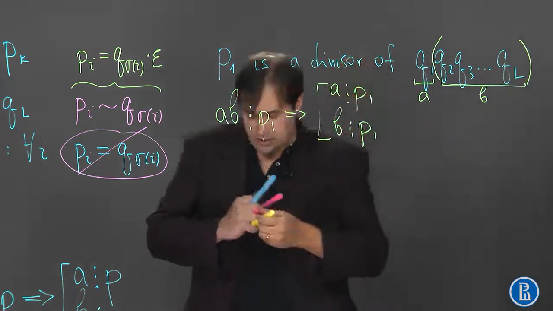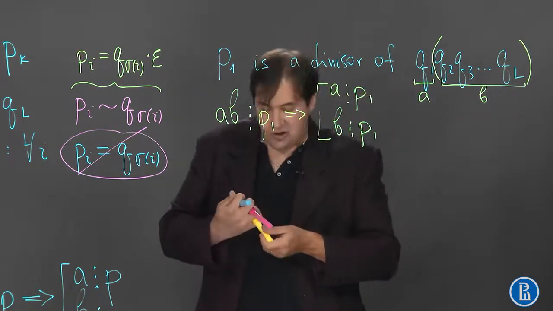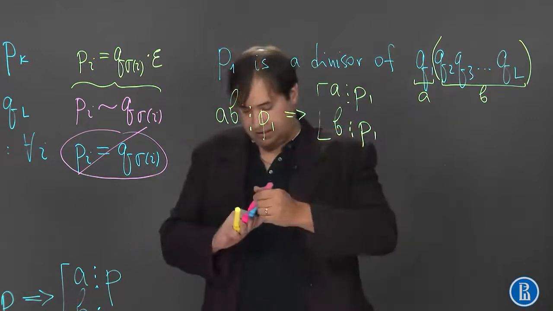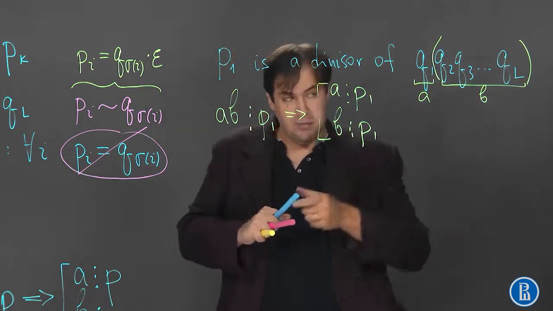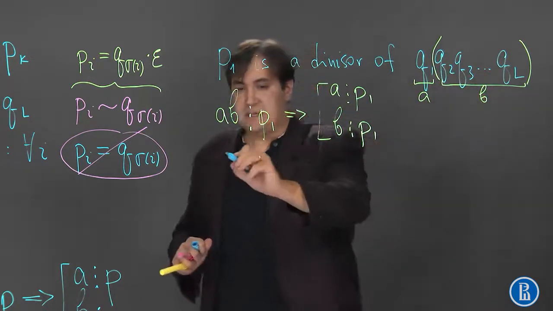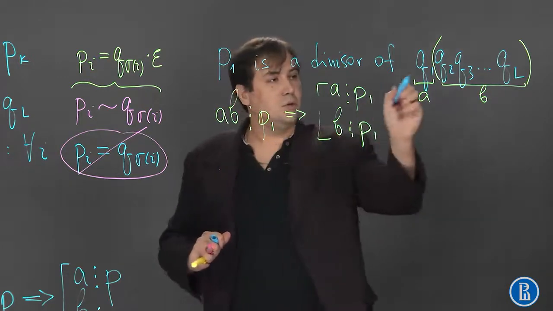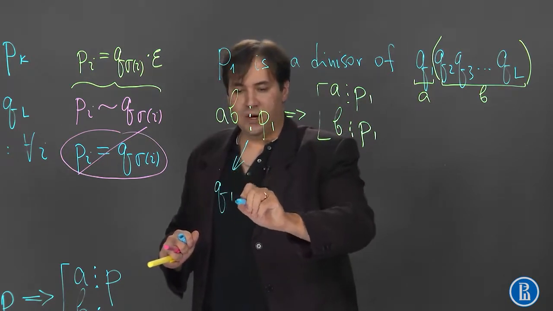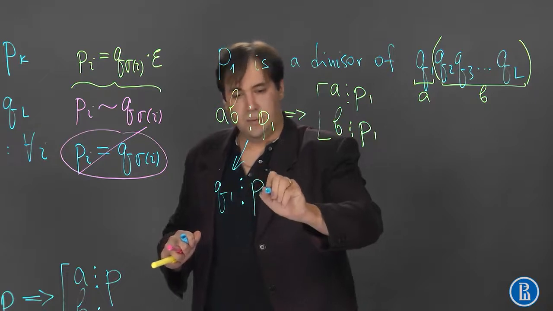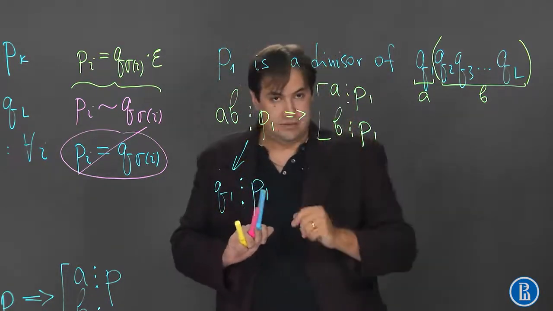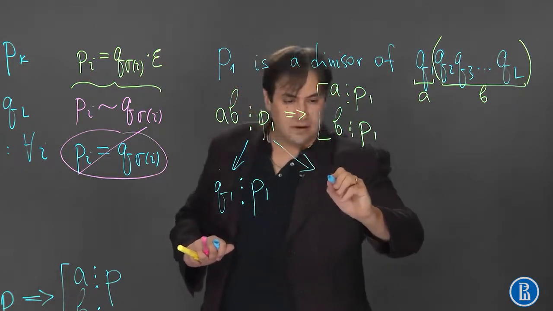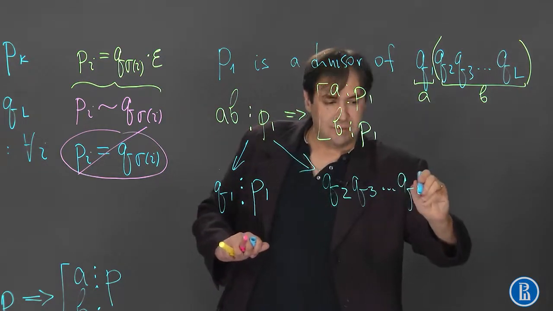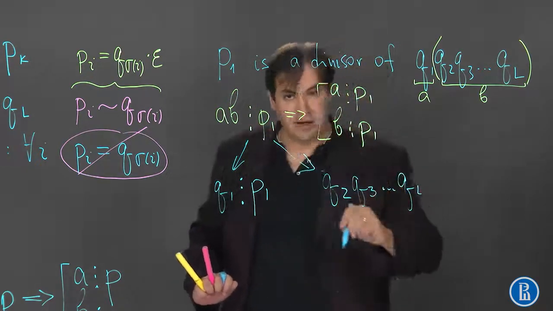Okay, so now let's create a tree of cases, because since Q1 is A and B is this expression here, this means that either Q1 is divisible by P1, which is actually the same as this statement here, or we have that Q2 multiplied by Q3 multiplied by and so on multiplied by QL is maybe divisible by P1.